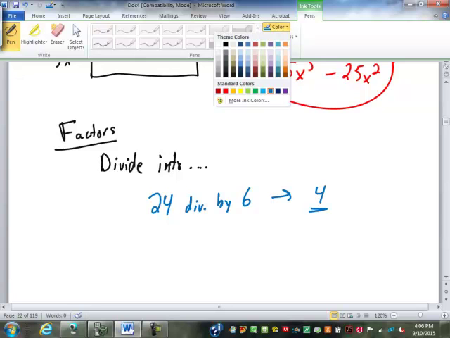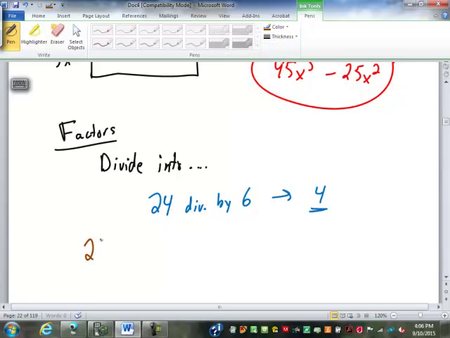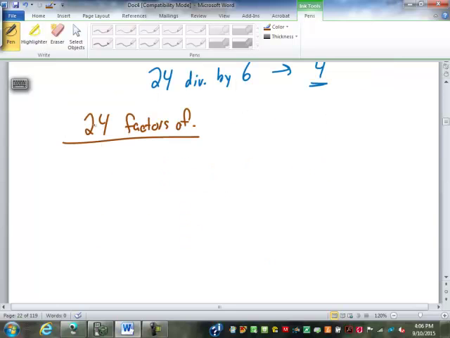So if I were looking at 24 and I wanted to find the factors, well, 1 doesn't count. It evenly goes into it without any remainders, but 1 doesn't count because any number can be divided by 1. Can 24 be divided by 2?